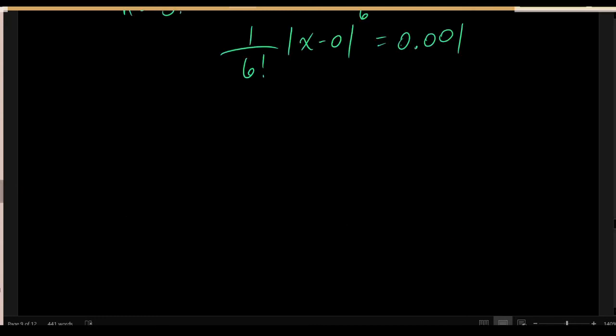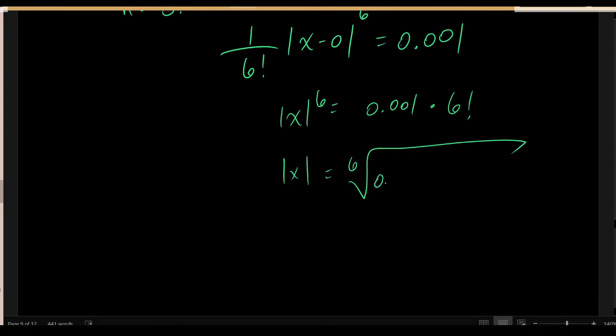Now if I take this equation and go about solving it for x, the first thing I'm going to do is multiply by 6 factorial, 0.001 times 6 factorial, and then to isolate the absolute value of x, I'll use the 6th root. So this quantity in the calculator works out to be 0.946.